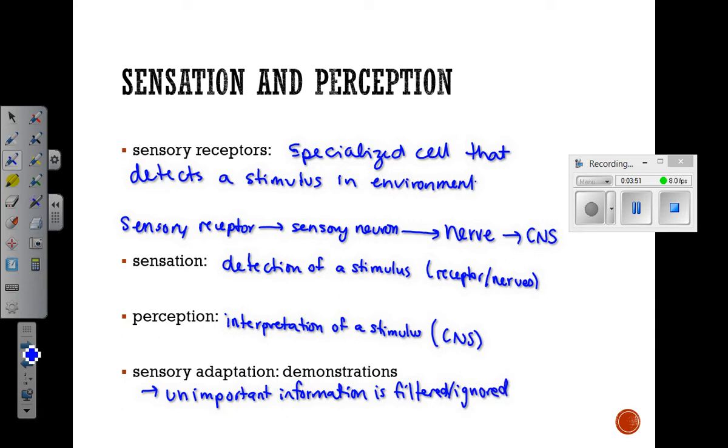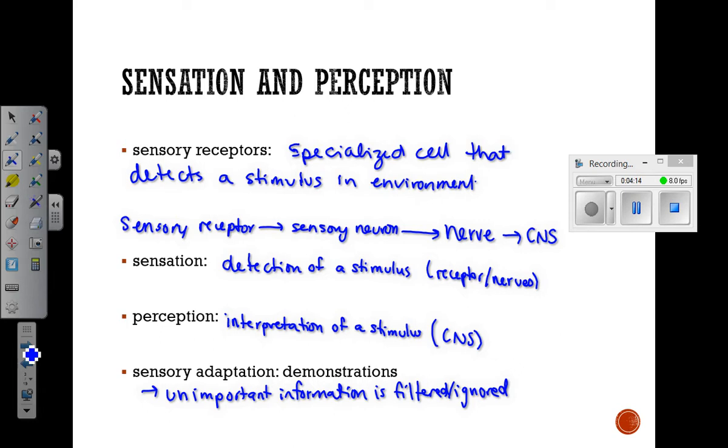So for example, I can hear, if I pay attention to it, the projector for my smartboard kind of making a whirring sound. It's kind of buzzing. But it's not really important, so most of the time, I'm not even aware that it's happening. Even though my ears are totally detecting that stimulus, my central nervous system is saying, yep, we hear it, but that's not really important for right now, so we're just going to ignore it.